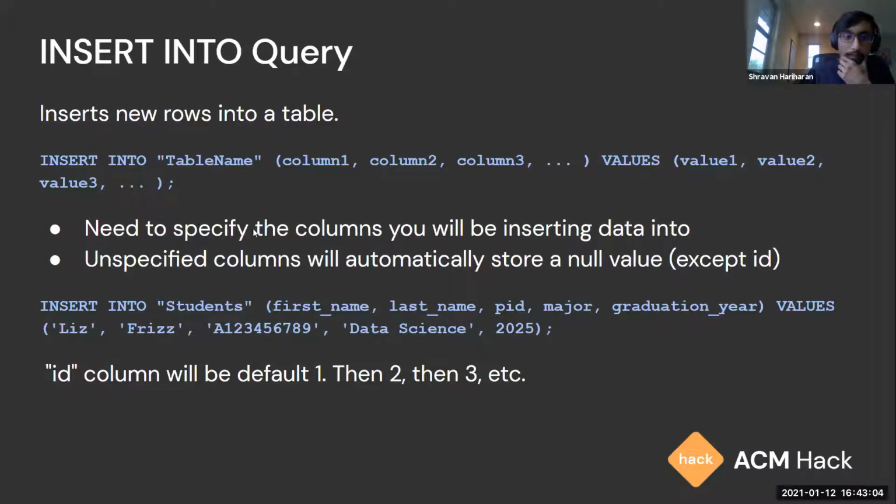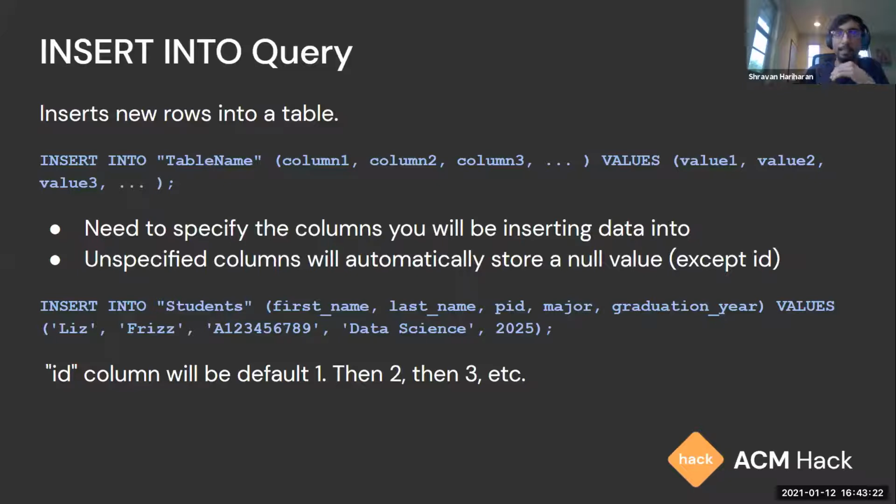So we need to specify the columns we'll be inserting data into, just because you're not always going to know what the value is of a specific column. In our scenario, we know exactly that we'll be inserting first names, last names, the PIDs, we know all that data.